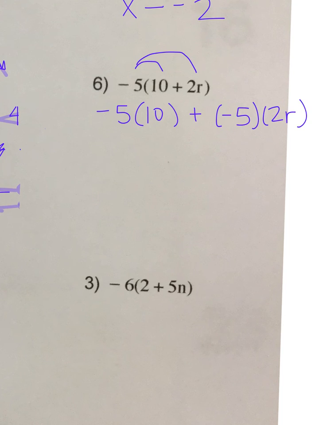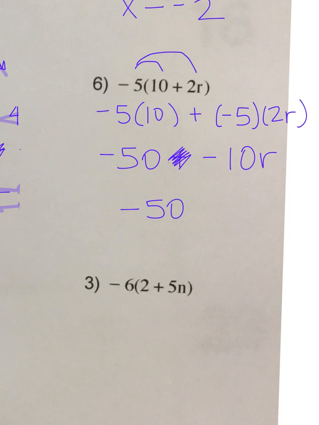Negative 5 times 10 is negative 50 plus negative 5 times 2r is negative 10r. This answer is technically correct, but you are not done. I need you to take out the addition sign and write your final answer, negative 50 minus 10r.